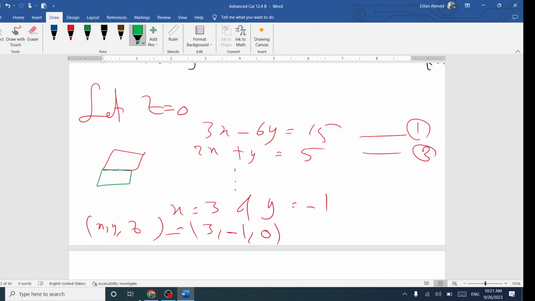If I have two planes, I can find one point which is on both of them, and we solve together to find it. Then now I have a point and I have a vector, so the parametric equation is ready.